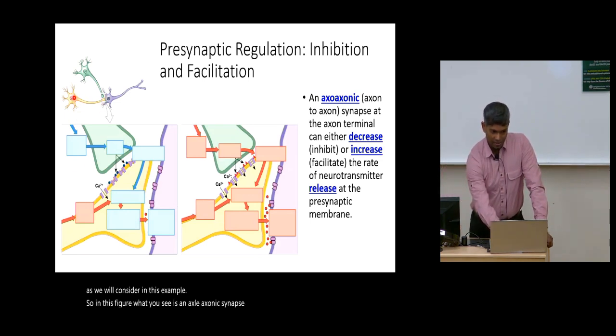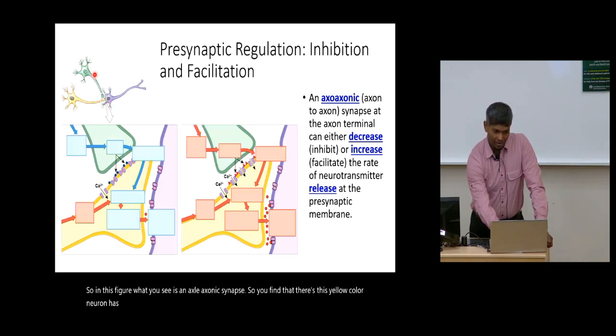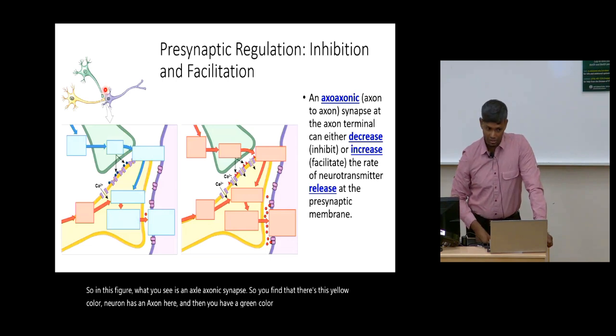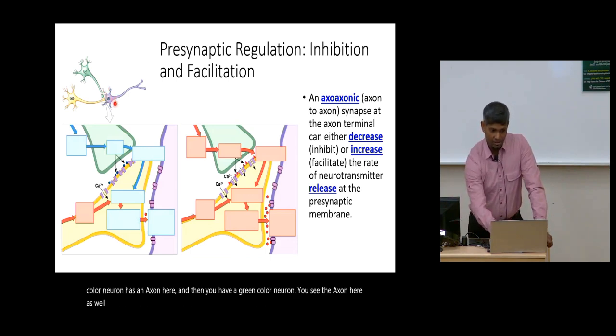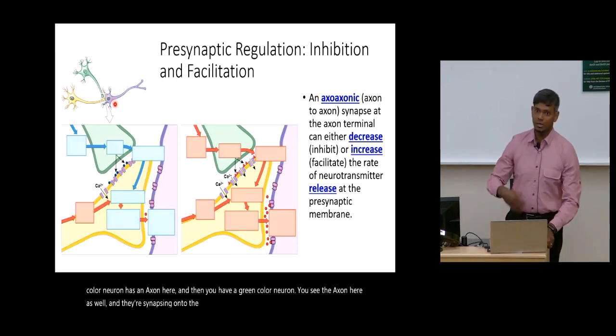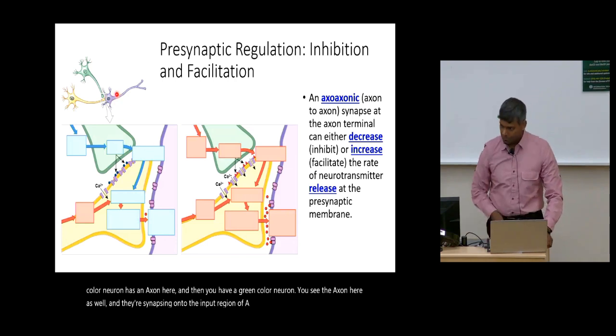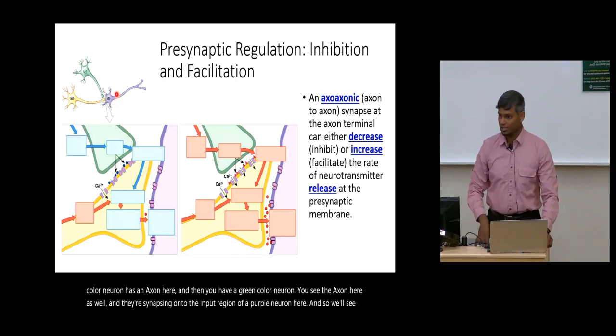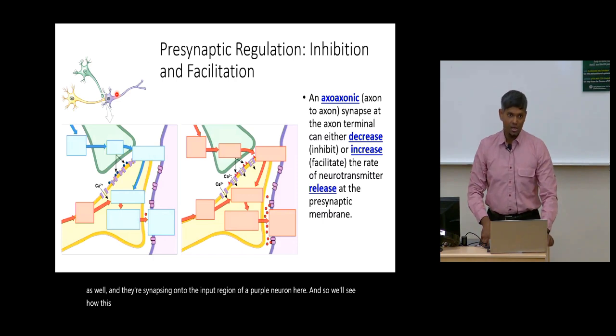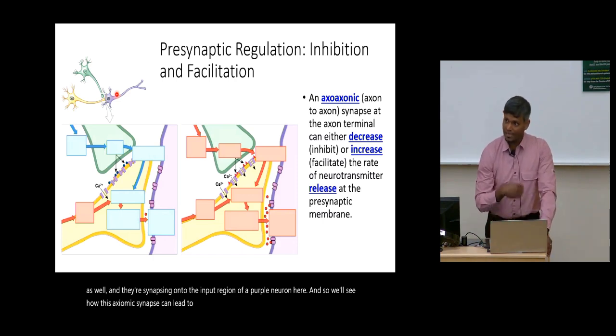There's a yellow neuron that has an axon here, and a green neuron with an axon here as well, and they are synapsing onto the input region of a purple neuron. We'll see how this axonic synapse can lead to presynaptic inhibition or presynaptic facilitation.